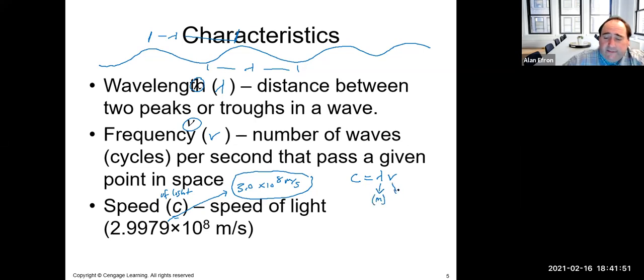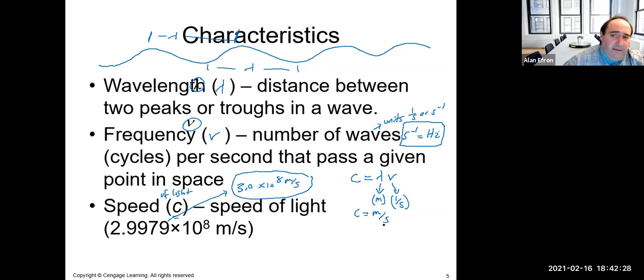The unit of frequency is reciprocal seconds, 1/seconds, and a reciprocal second is the same as a hertz. That is a relationship that we see a lot, especially when we talk about frequency. Now, if we look at these units, that gives us the units we see for the speed of light, meters per second.